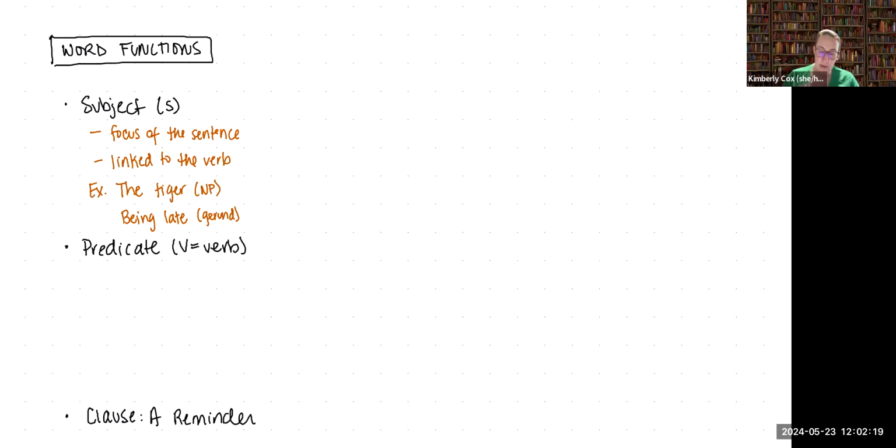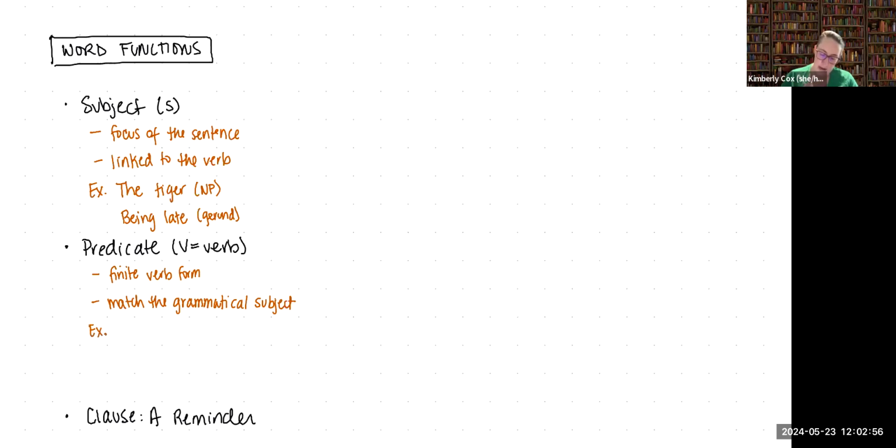All right, so a predicate in a sentence is going to refer to the finite verb form, right? Which means it's going to match the grammatical subject. Okay. And let me give you a couple of examples.